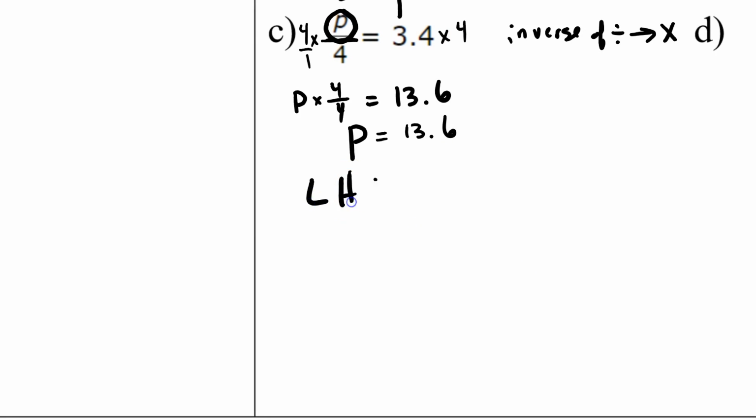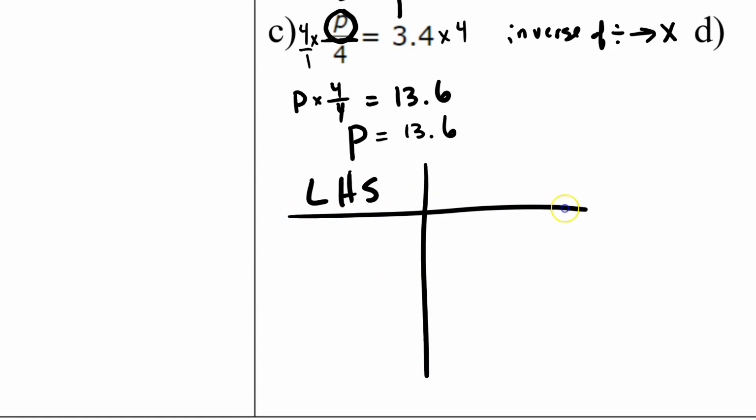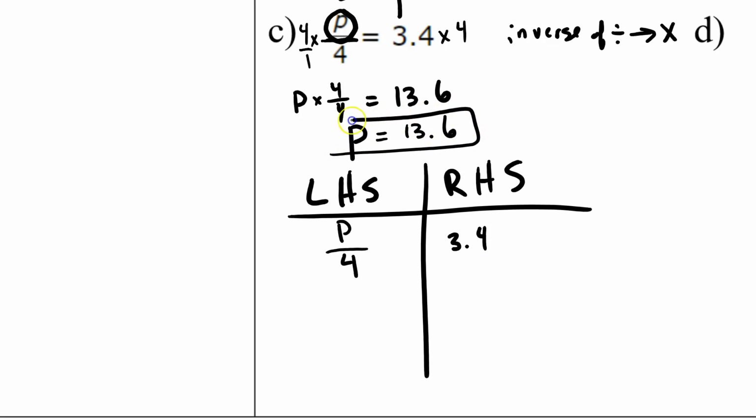So left-hand side and right-hand side. And remember, we're going to the original equation. So my left-hand side of the equal sign is P divided by 4. And my right-hand side of the original equation is simply 3.4. But I know that P is 13.6, so I'm going to substitute my P here.